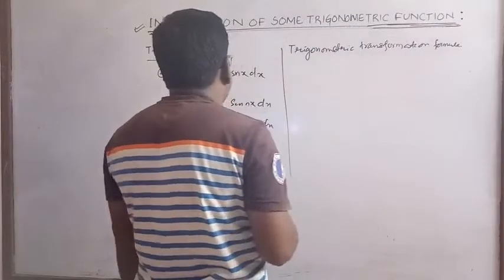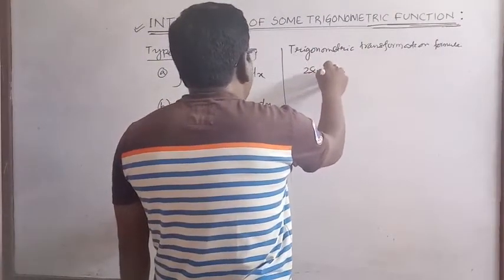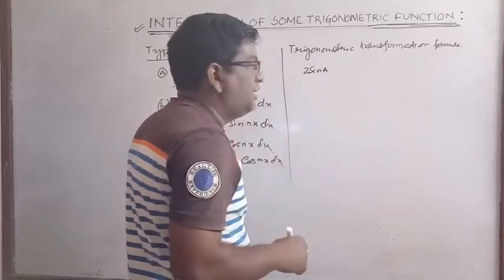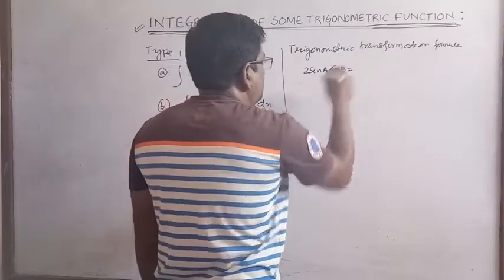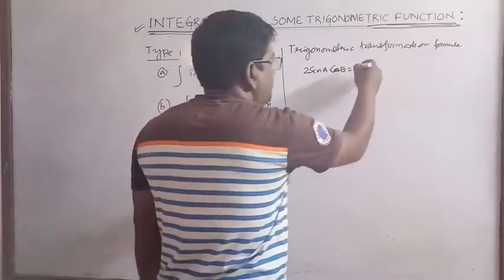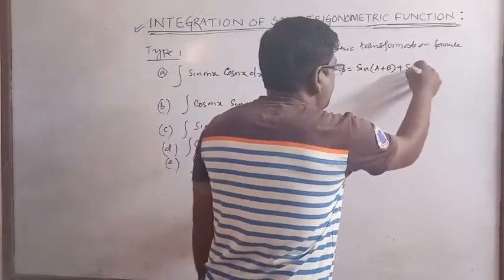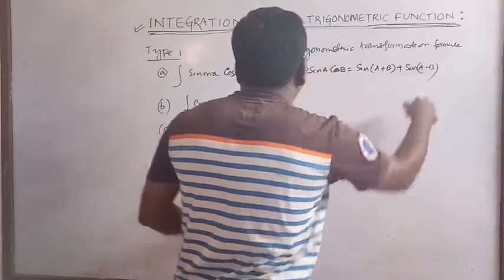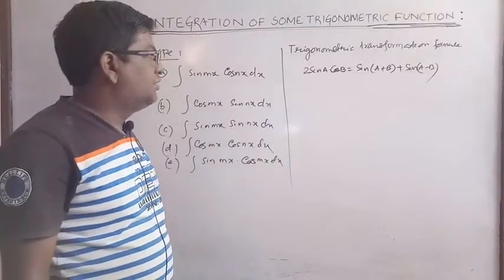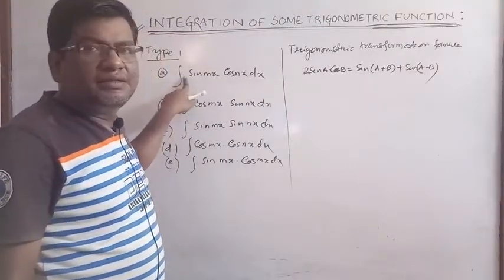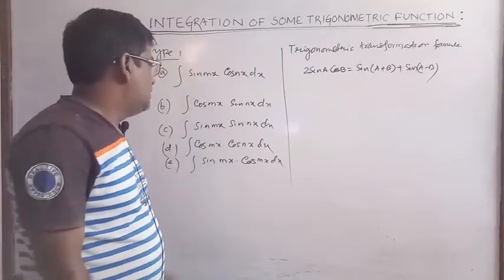For sin A cos B we use 2 sin A cos B, which is sin(A+B) plus sin(A-B). Here the 2 is absent, so we have to multiply by 2 and divide by 2. This is the concept.